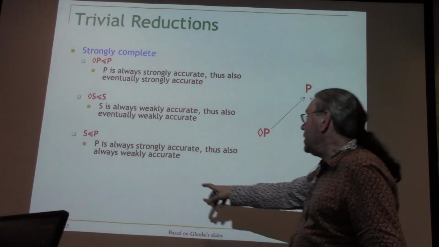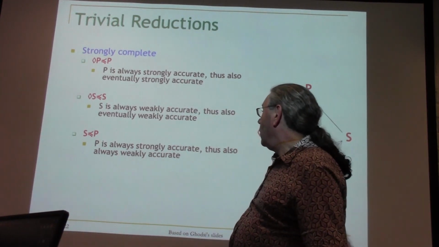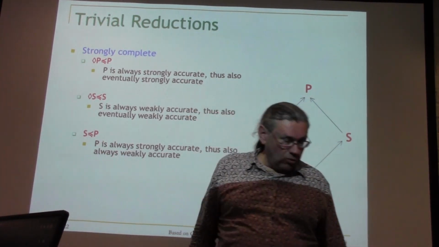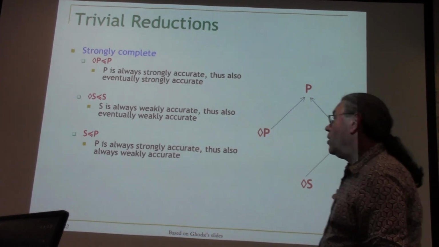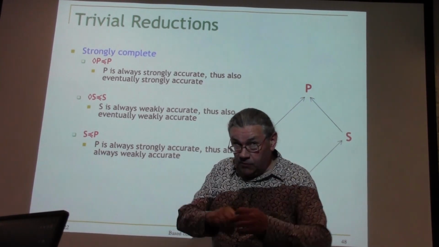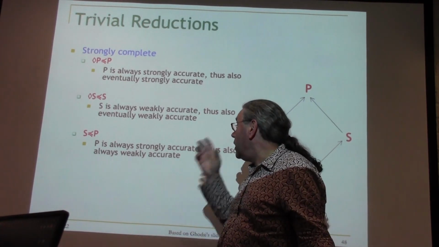S can be reduced to P. Well, S is only not making mistakes with respect to one node, but P is not making mistakes with respect to everybody.